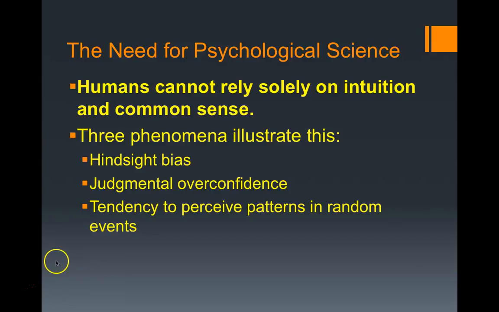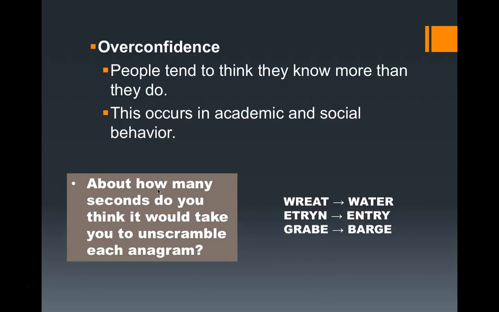The textbook talks about hindsight bias, judgmental overconfidence, and the tendency to perceive patterns in random events. So this pursues further the imperfection of intuition, relying on common sense, relying on interpretations that we think are accurate. Let's look at a couple of these.